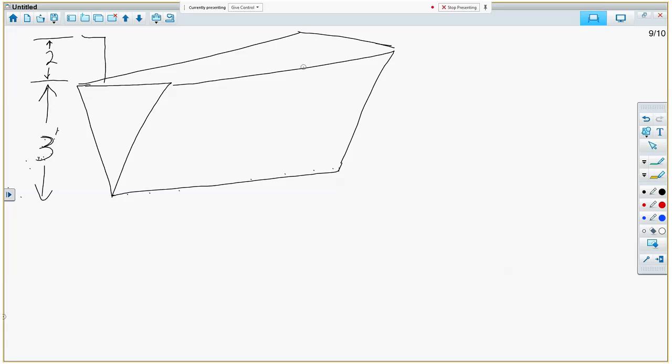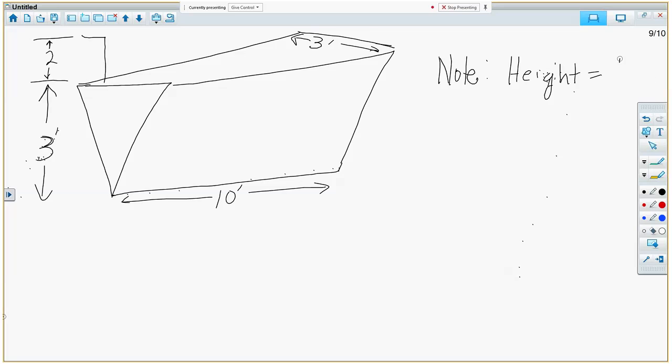And this is 3 foot. And this is 10 foot. And I just want you to make the note. Height is equal to h plus 2. This is really getting old.